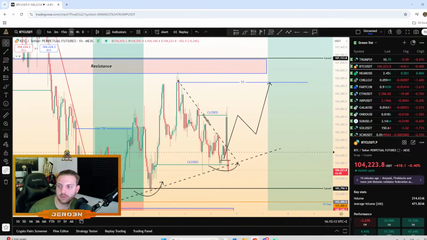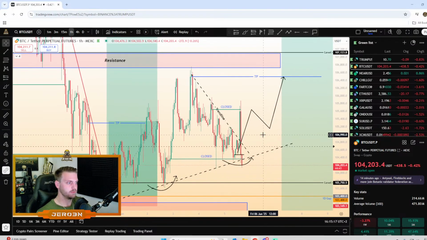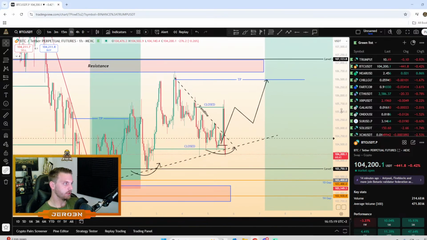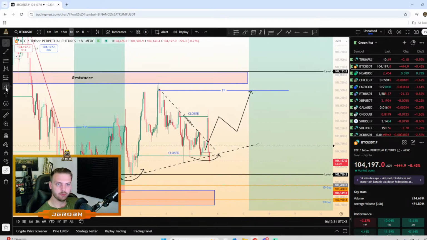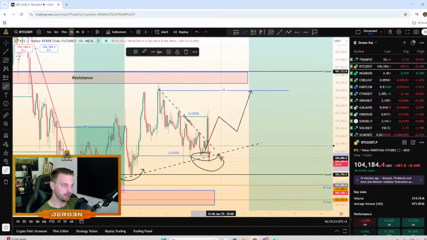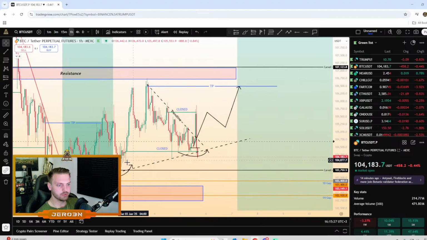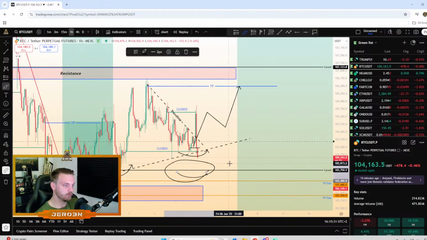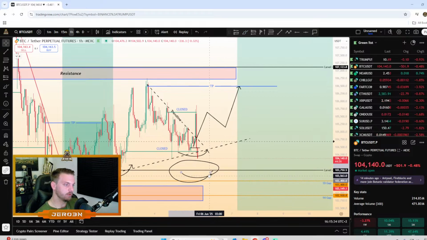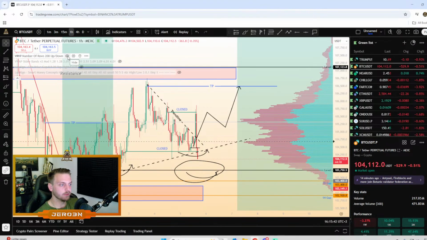Alright guys, I'm going to be closing the stream. Also just a very quick hour. I still want Bitcoin to get back into the range in order for a continuation. As long as it doesn't close below the 103,750, then I'll be happy. However, it doesn't look that way right now.